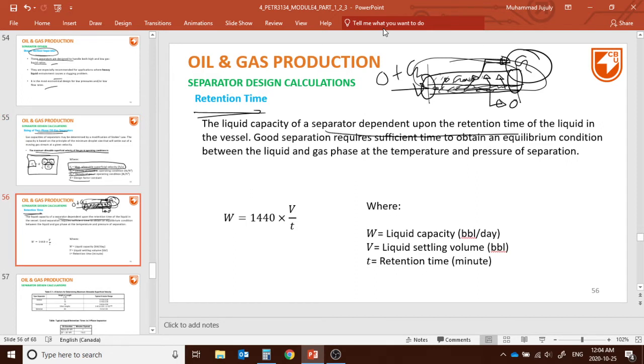Okay, and how can we calculate the retention time? A good separation requires sufficient time to obtain equilibrium between the liquid and gas phases at the temperature and pressure of the separator.